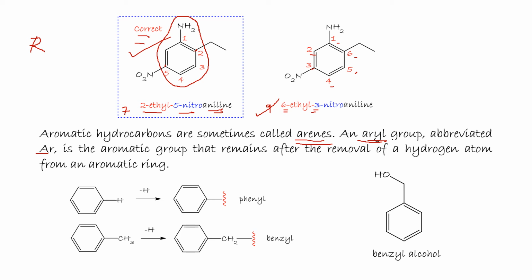After the removal of hydrogen from benzene, we call the group a phenyl group. If we have toluene and we remove H, then this is a benzyl group. And if we have an OH in here, we call it benzyl alcohol.